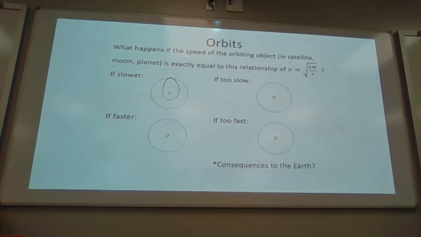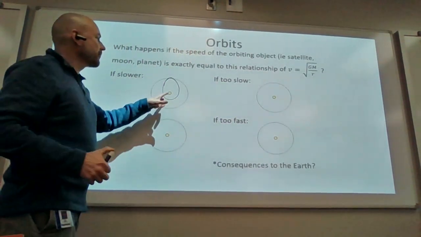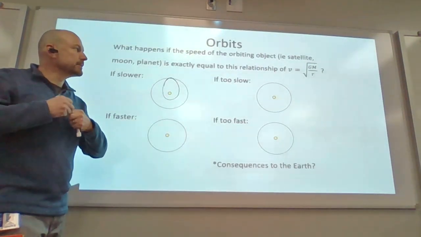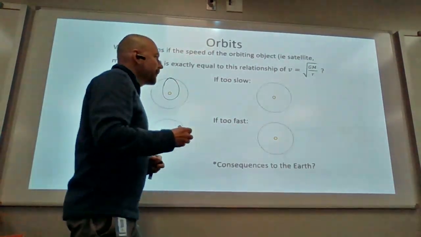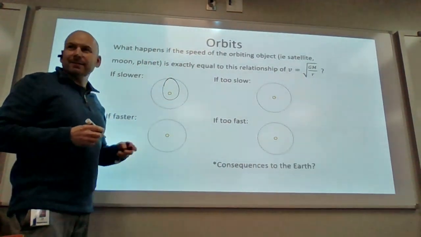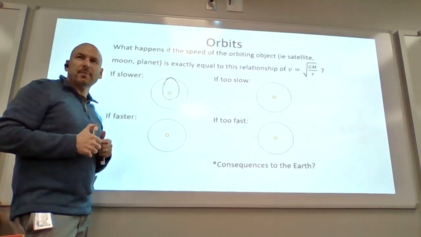Just like a square is a special case of a rectangle. So all orbits are elliptical with the sun at one of the foci. If it's too slow, oh wait a minute. So this is the Earth and this is the sun. What would the consequence of that be?